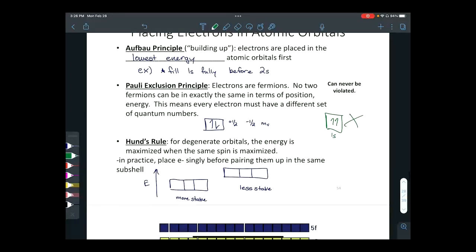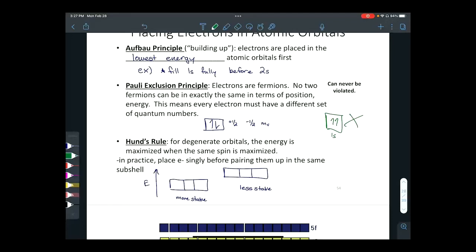The last one, probably the toughest one to describe, is Hund's rule. If you've done electron configurations, you know that you space out all your electrons first, but explaining why you do that is a little bit more difficult.